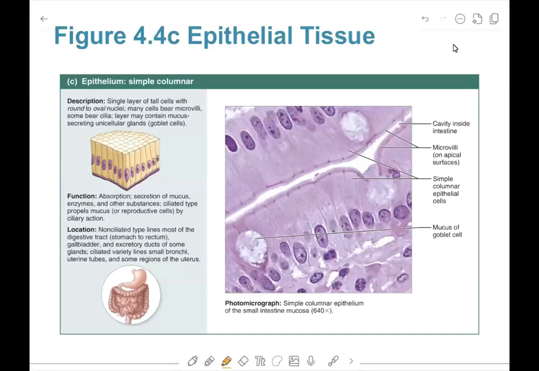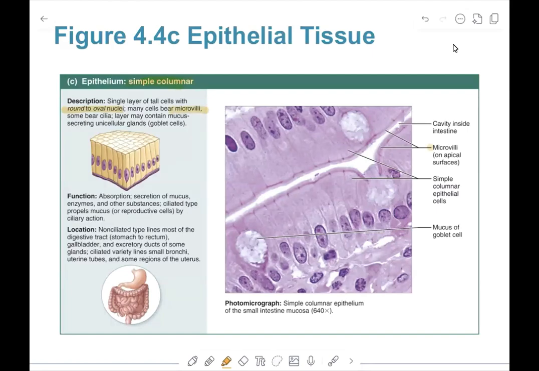This slide is showing us simple columnar epithelium, and it's called this because the cells are in the shape of a column. There's round to oval nuclei, and many of the cells bear what's called microvilli.